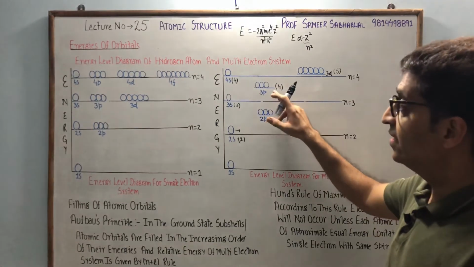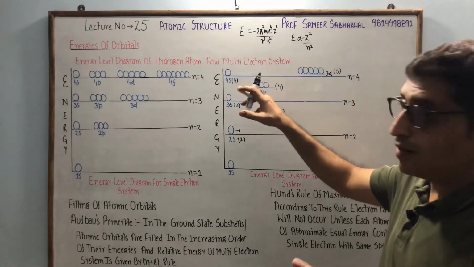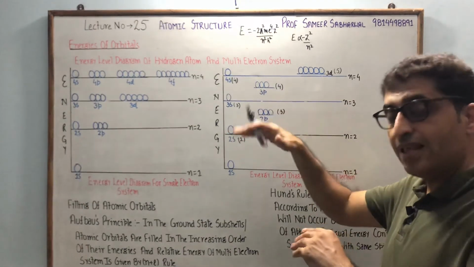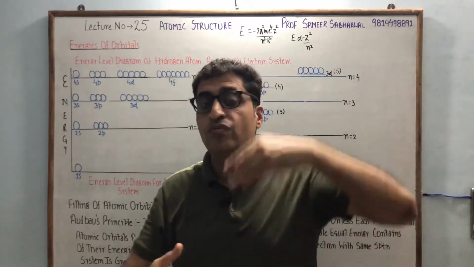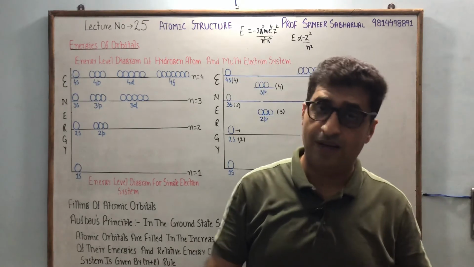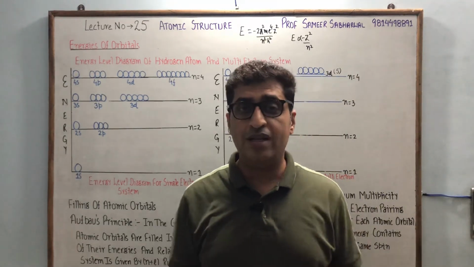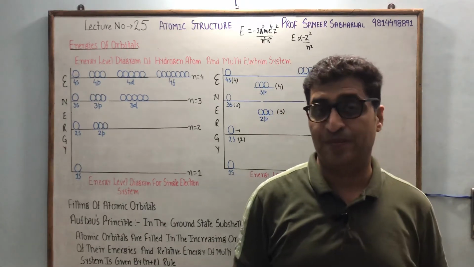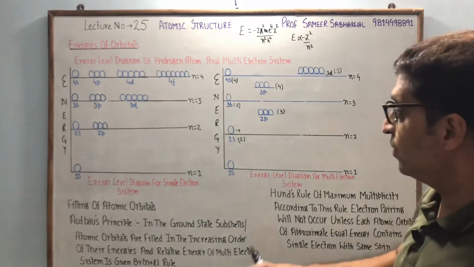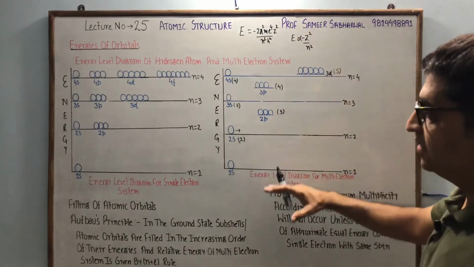Very surprising that 4s comes first and then comes 3d. So 3d is present in the fourth shell, and again the energy of a multi-electron system is decided by the n plus l value. Hopefully you can easily analyze this concept.